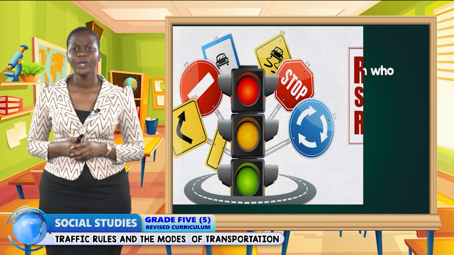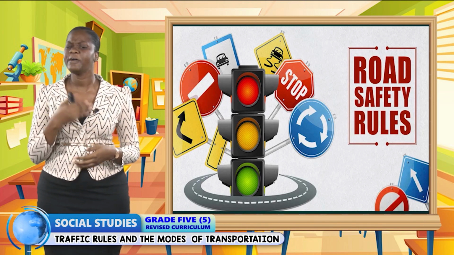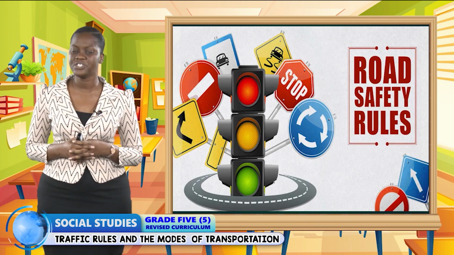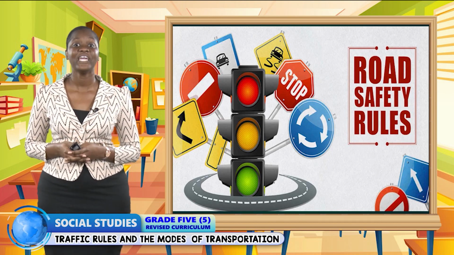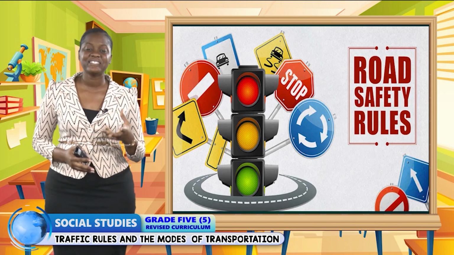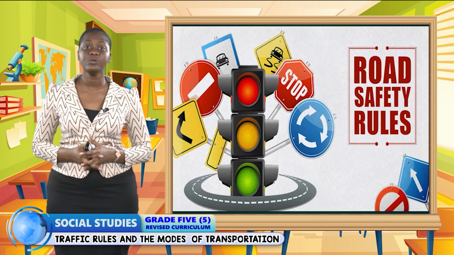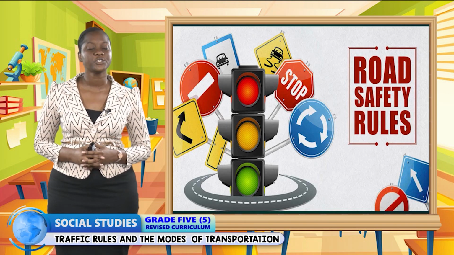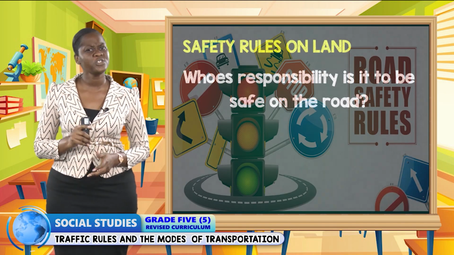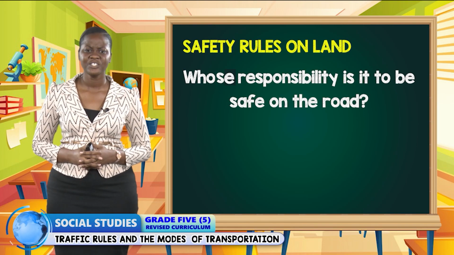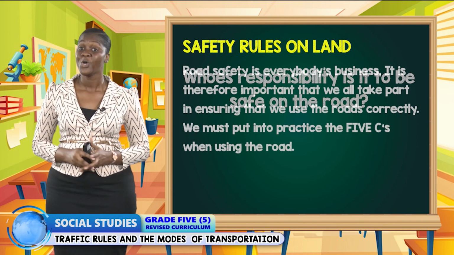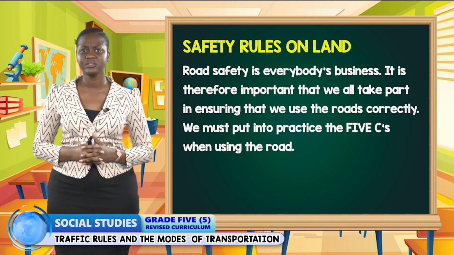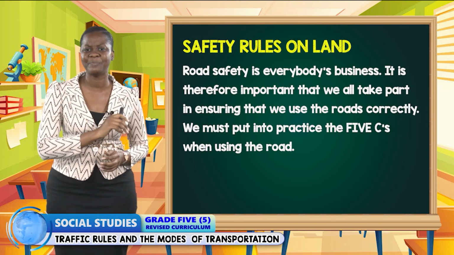I am sure you have been one or a few of those road users at some point of time in your life. So let's take a look at some safety rules that we should use while traveling on the road. Whose responsibility is it to be safe on our road? Road safety, boys and girls, is everybody's business.